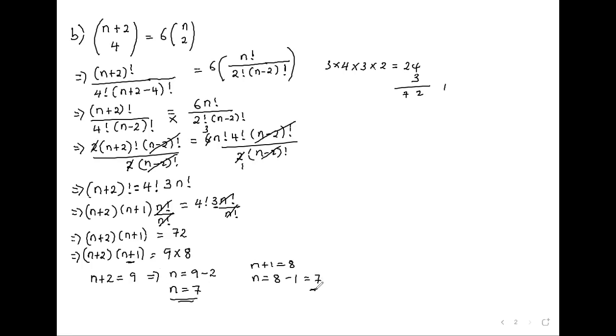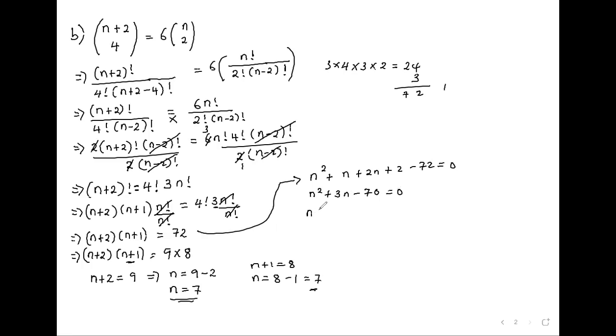What are the consequences of not seeing it like that? If you don't see it like that, then look what happens. It becomes a polynomial because you have n squared. Oh, it becomes a quadratic: n squared plus n plus 2n plus 2 minus 72 is equal to 0. So that you get n squared plus 3n minus 70 is equal to 0. Then look for factors, like 10 and 7.